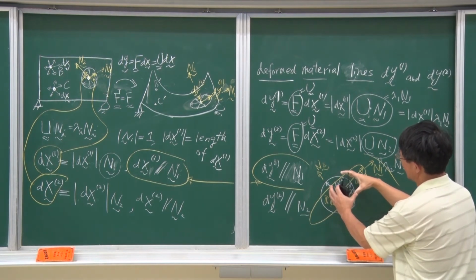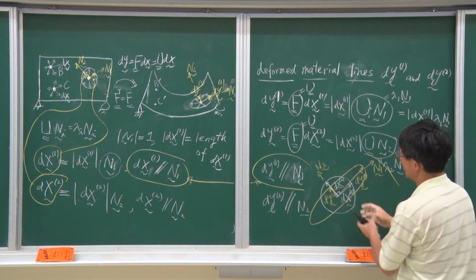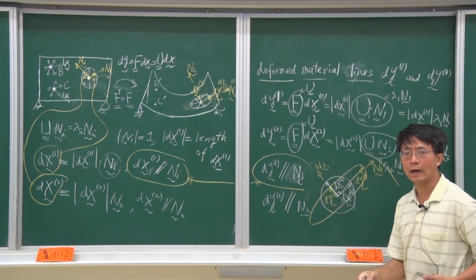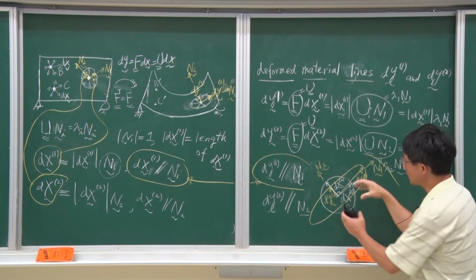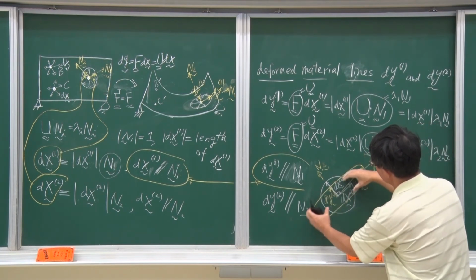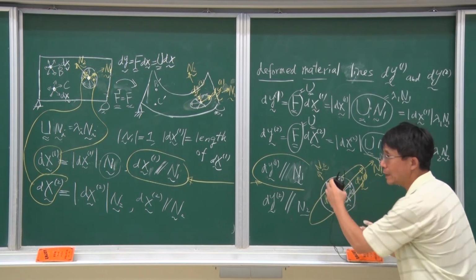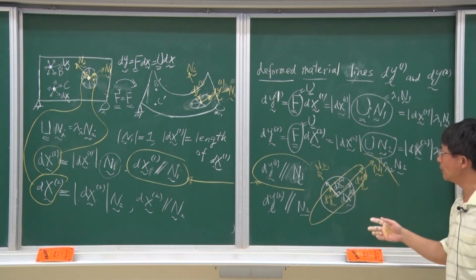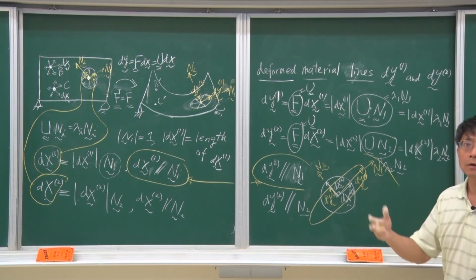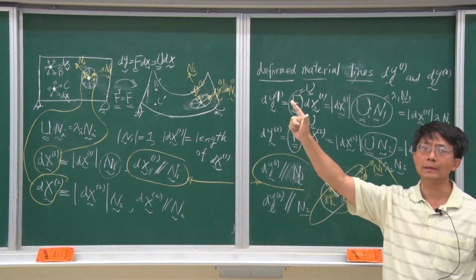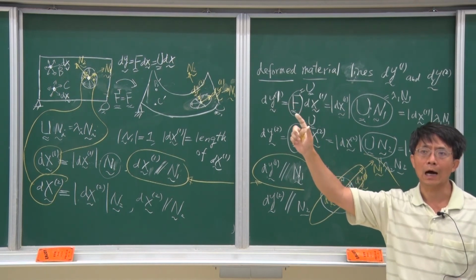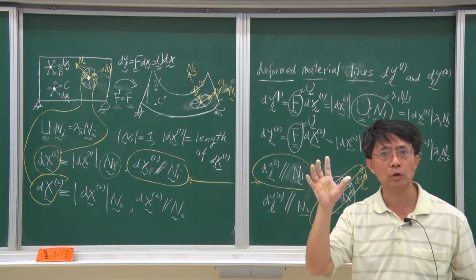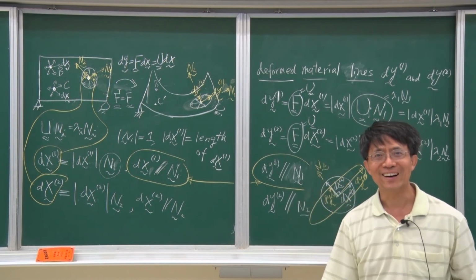Before the deformation, it is a circle. But under this symmetric deformation, the material point deforms in this direction and this direction without rotating, right? Without any rotation. Because we can find two perpendicular material lines that, after the deformation, don't change their direction, there is no rigid body rotation. Okay?